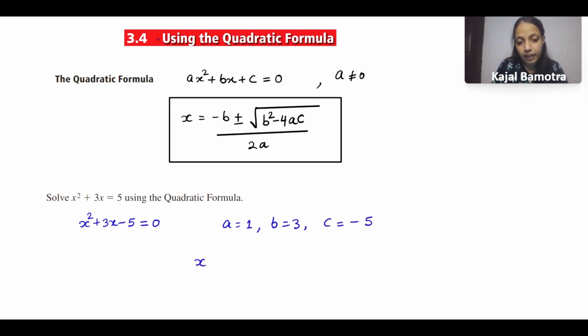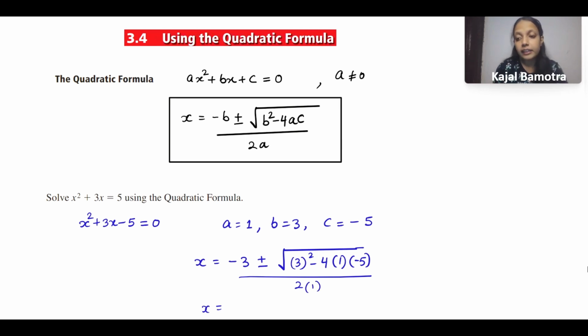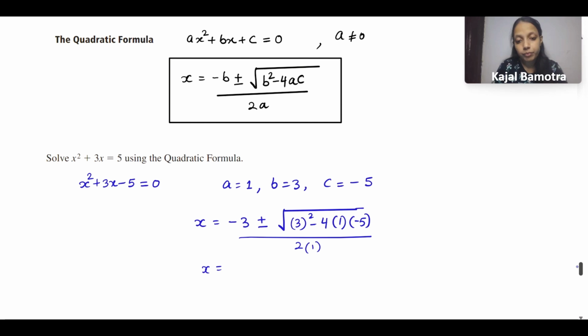Substitute here. x equals negative 3 plus minus square root of 3 square minus 4ac over 2 times 1. So x equals negative 3 plus minus square root of 9 plus 20, which is 29. Why do I say plus 20?